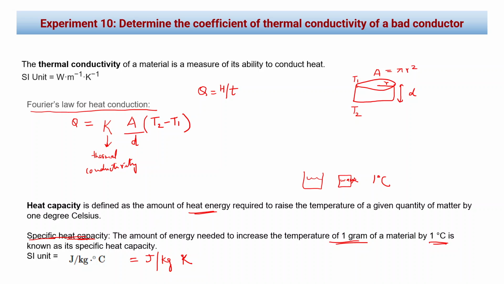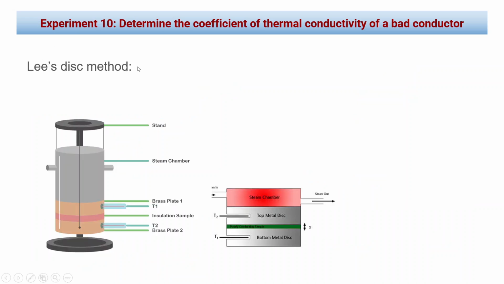Okay, so what is the experimental method to determine the coefficient of thermal conductivity K? The method is called Lee's disc method. It is given by some researcher Lee; I don't know the full name. As the name suggests, we use a metal disc. Lee's disc method is specifically used for determining the thermal conductivity coefficient of a bad conductor.